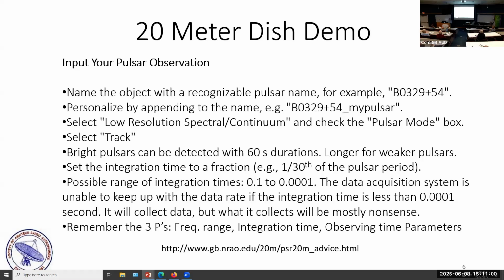But for pulsars, it's important to set the integration time to 1/30 of the period. I've seen other instructions that suggest one second here, but you have to remember 1/30th to 1/100th, somewhere in that range.